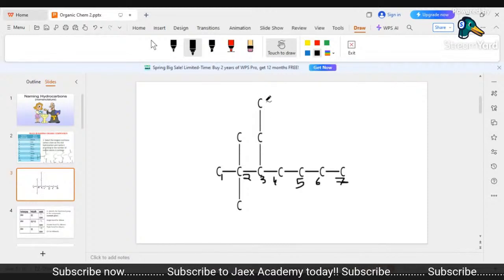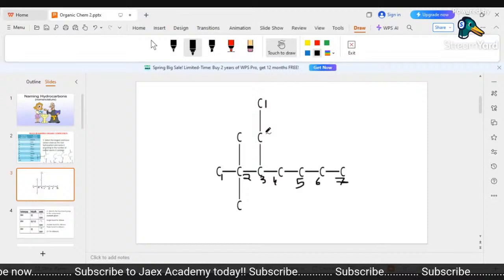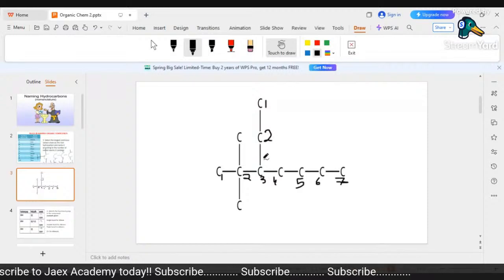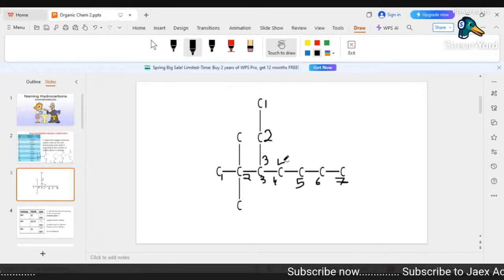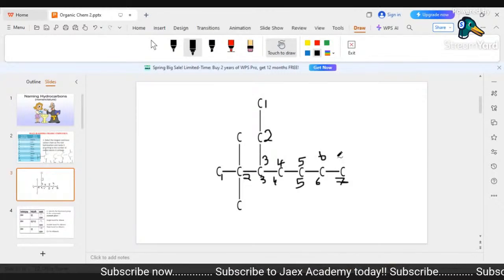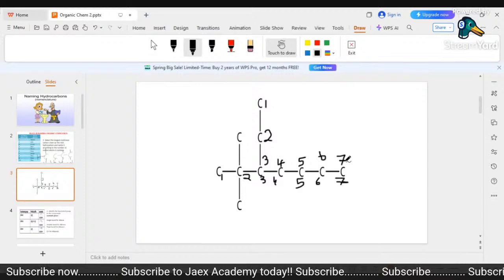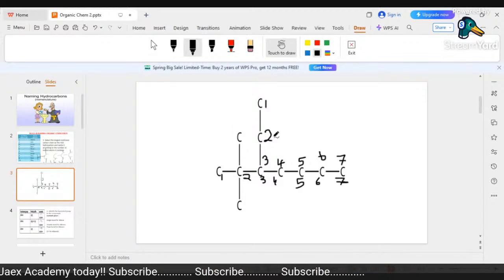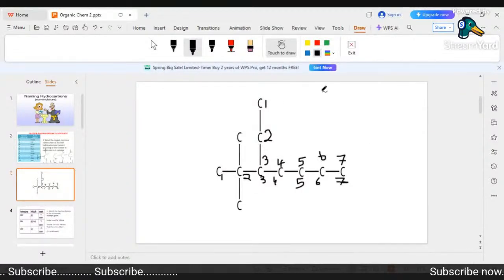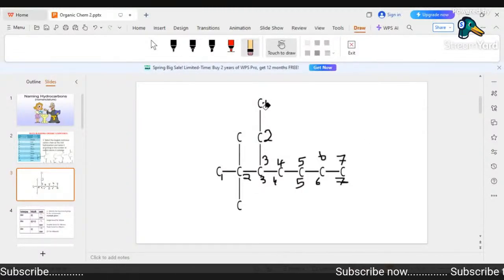This is 1, 2, 3, 4, 5, 6, and this is 7. Whether it comes from the branch or from the straight, it's still giving us 7.